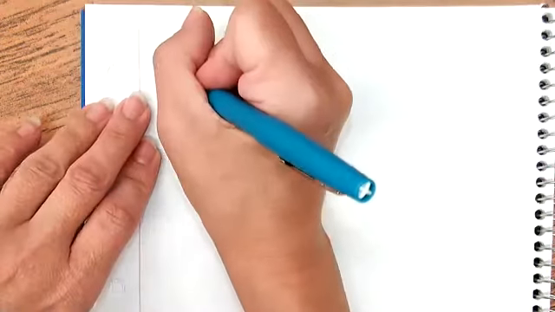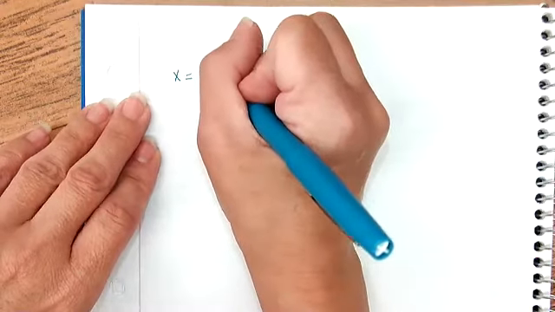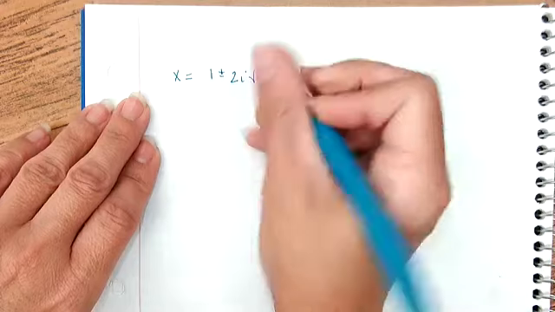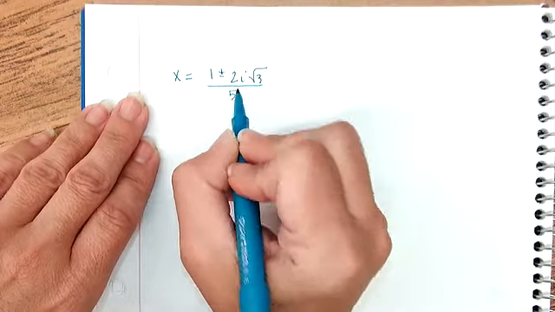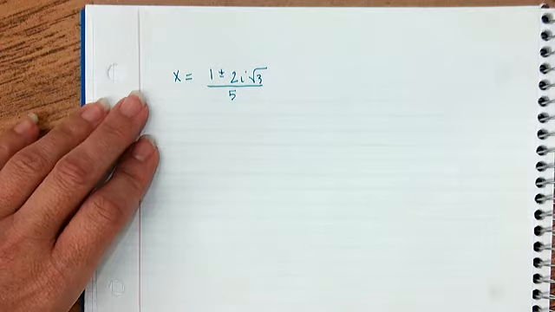Just a quick side note about factoring with fractions. Let's say you do a problem and you get x equals 1 plus or minus 2i root 3 over 5. You have some quadratic, you solve it, and this is your answer.